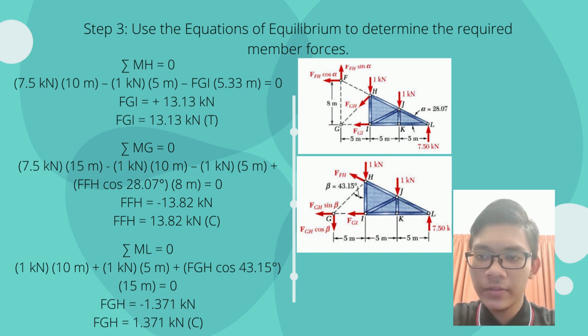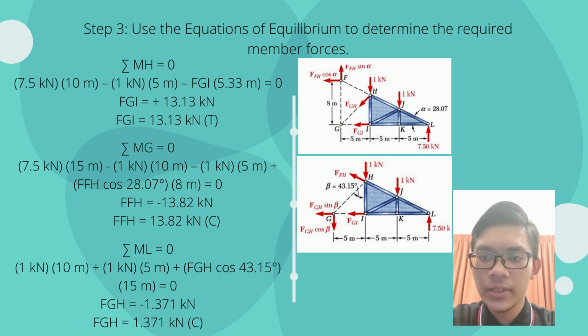And we get that FGI equals positive 13.13 kilonewton. That is the same as 13.13 kilonewton in tension.